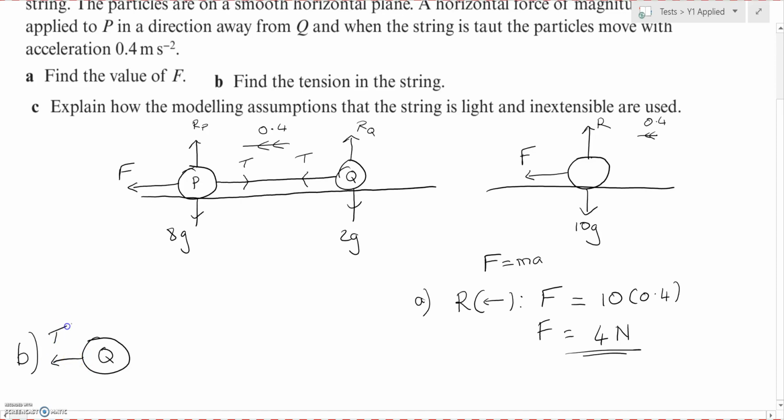So Q has a tension going to the left, has a reaction force, and has a weight component 2g, and is accelerating to the left at 0.4. Similar to part A, if we find our resultant going to the left, the only force acting on this is T. So we've got T going to the left, and that's F net, and that's equal to mass times acceleration, and so T is equal to 0.8 newtons.